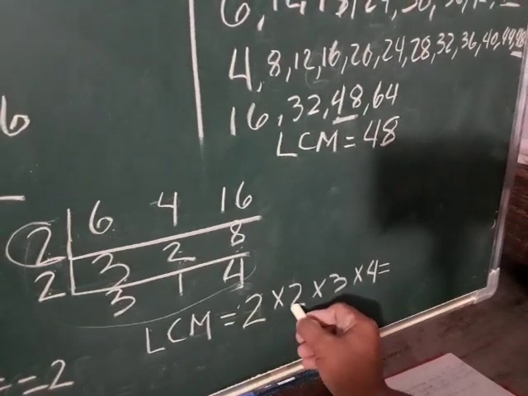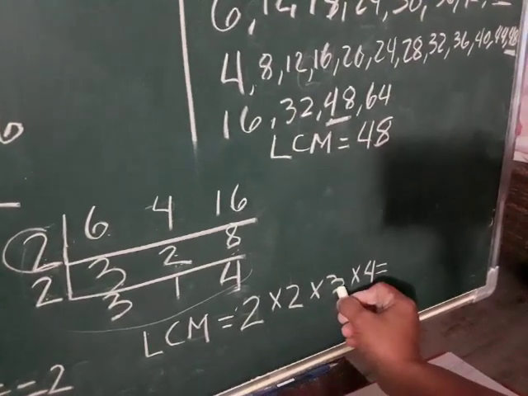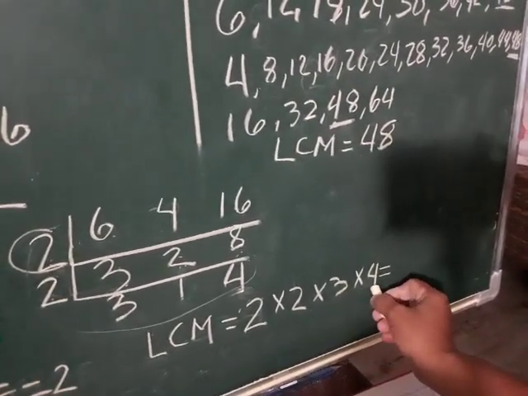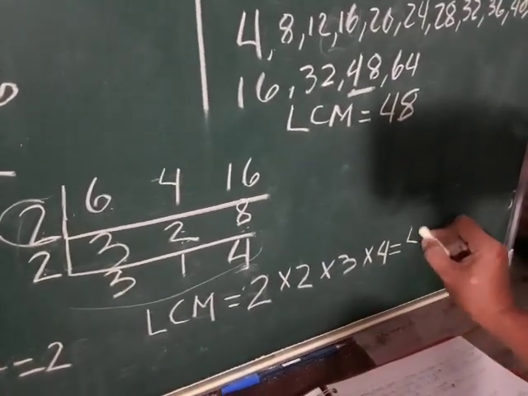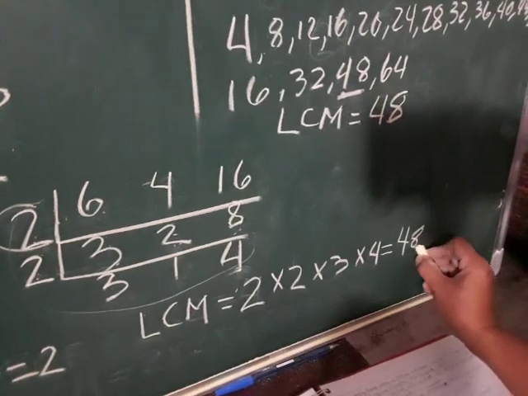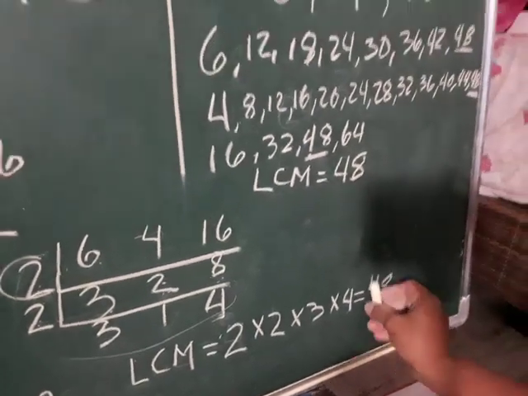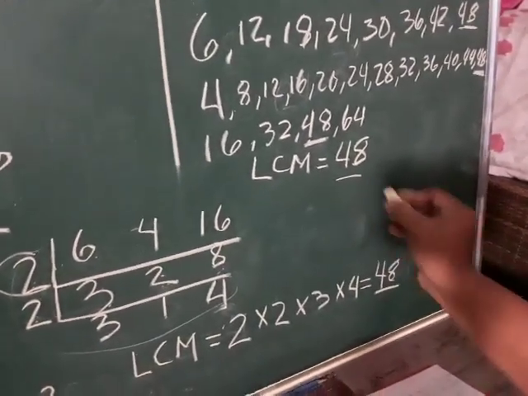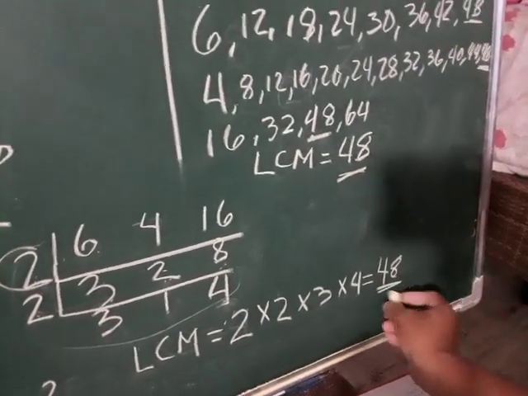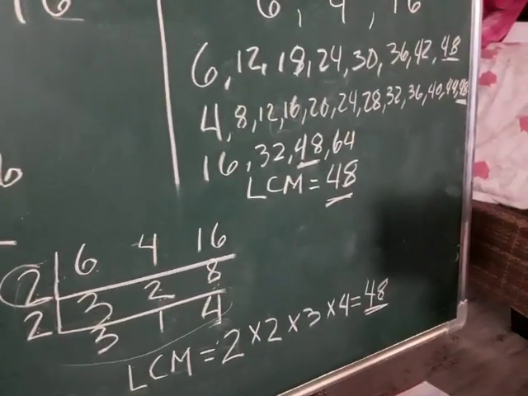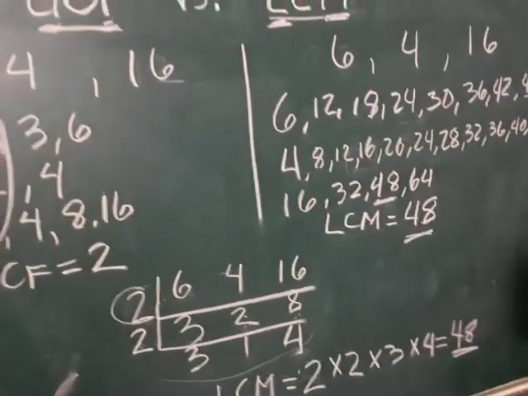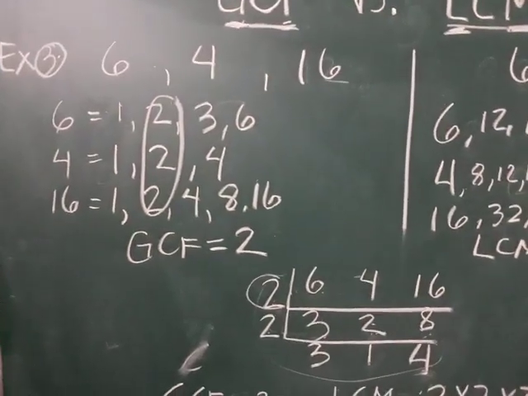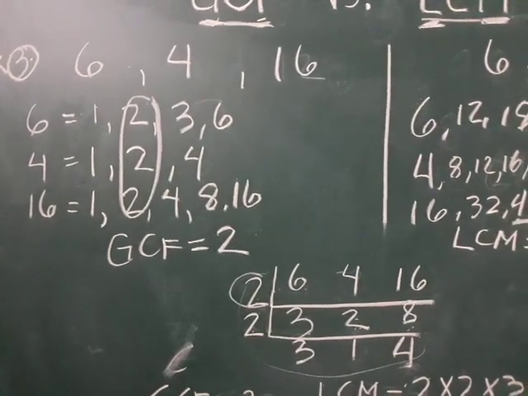So 2 times 2, 4. 4 times 3, 12. 12 times 4, 48. Okay, let's check if they are the same. So 48 and 48. Okay, so that's the difference between GCF and LCM and how to get GCF and LCM.